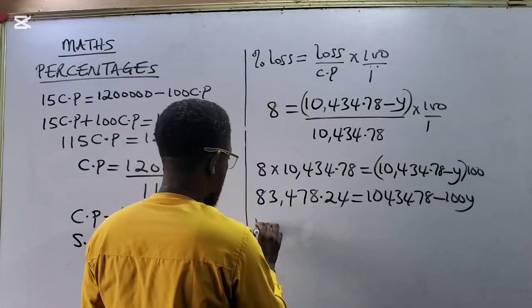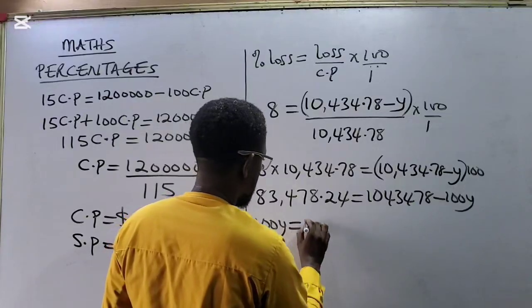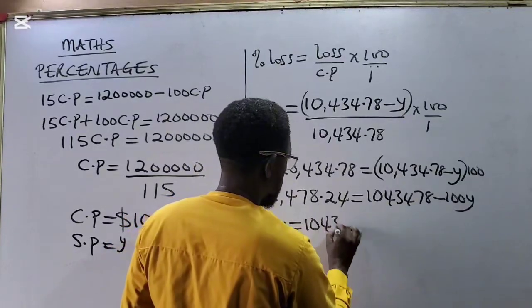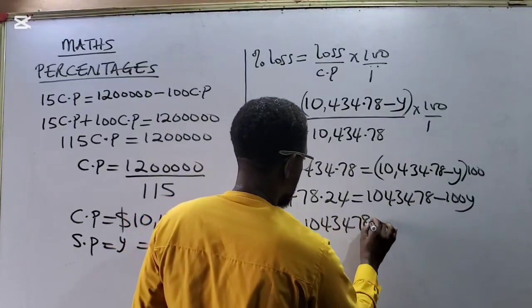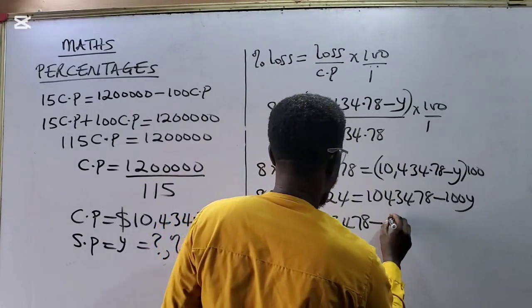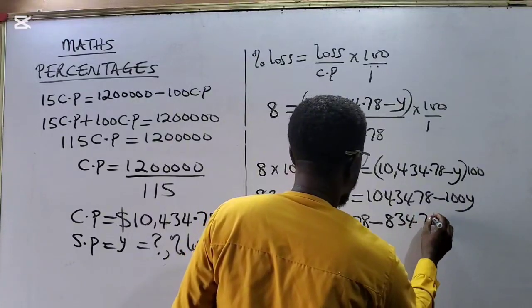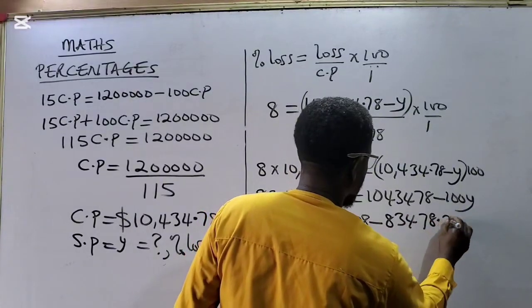So I'll get 100Y equals 1,043,478 minus 83,478.24.